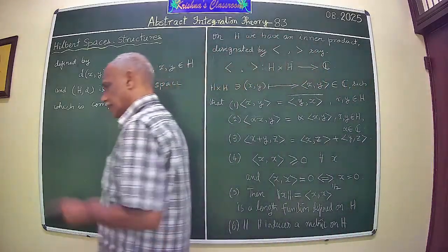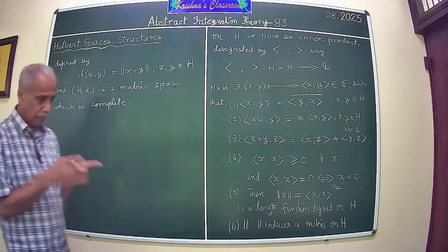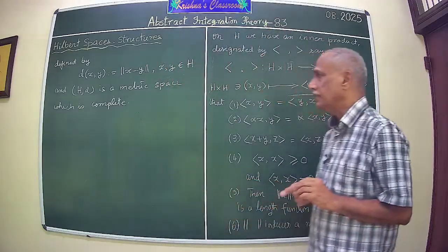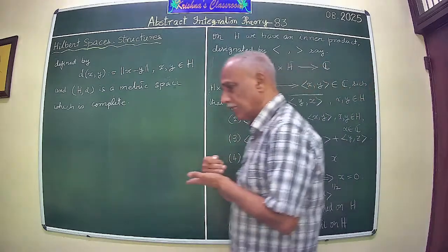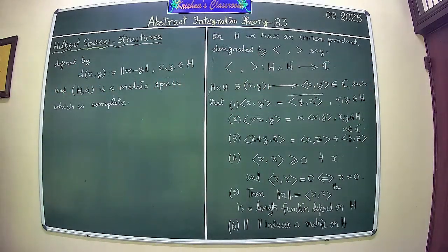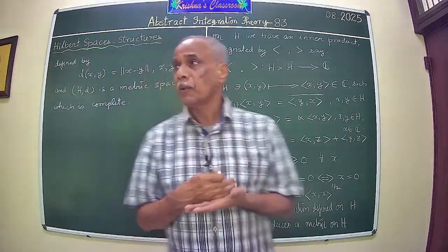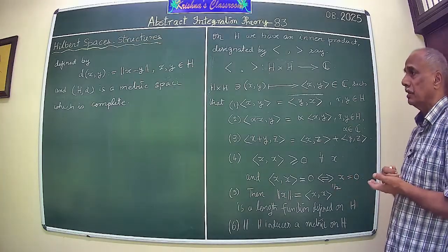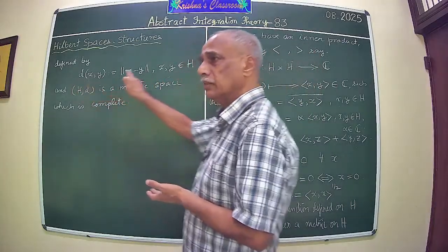Norm means a length function. That means it attributes to each vector a length. And then using the linear space structure and the definition of the length of a vector, we can define what you call a metric, which you can prove has all the properties of a metric.